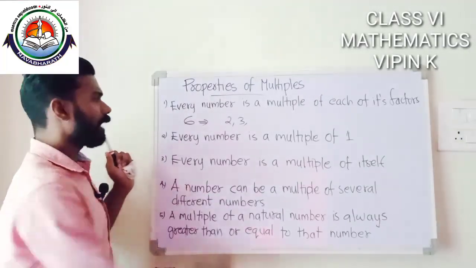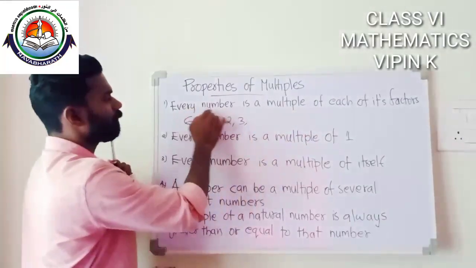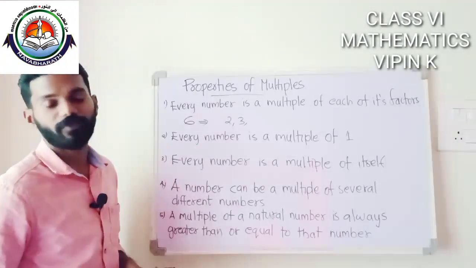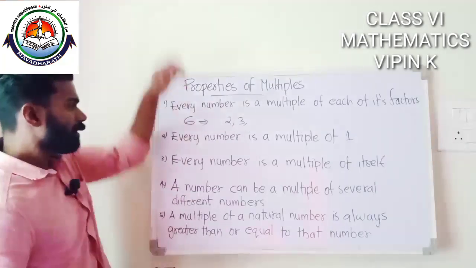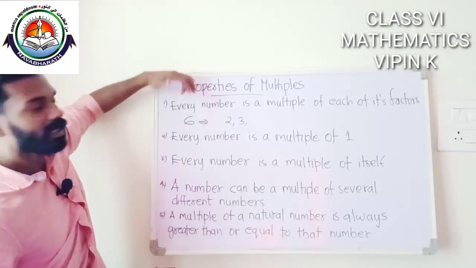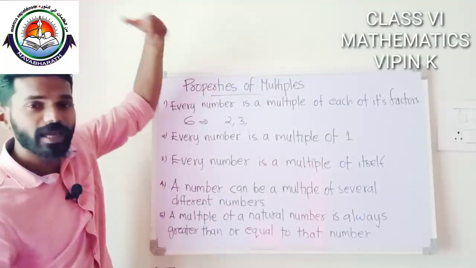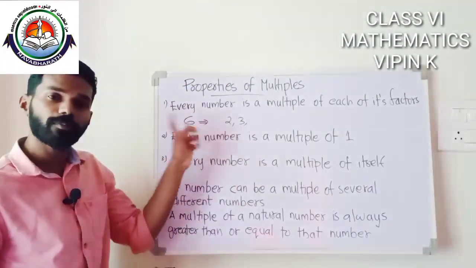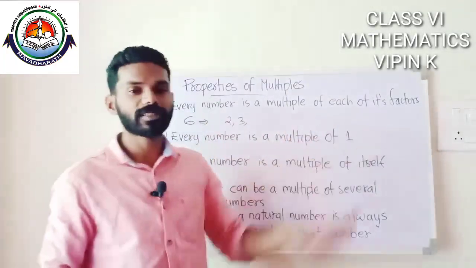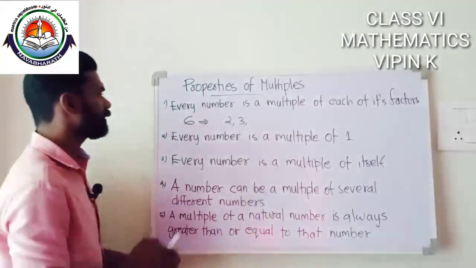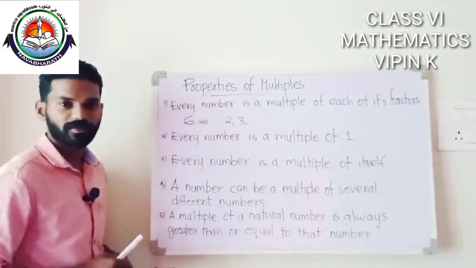So every number is a multiple of each of its factors. Clear? This is the first property.